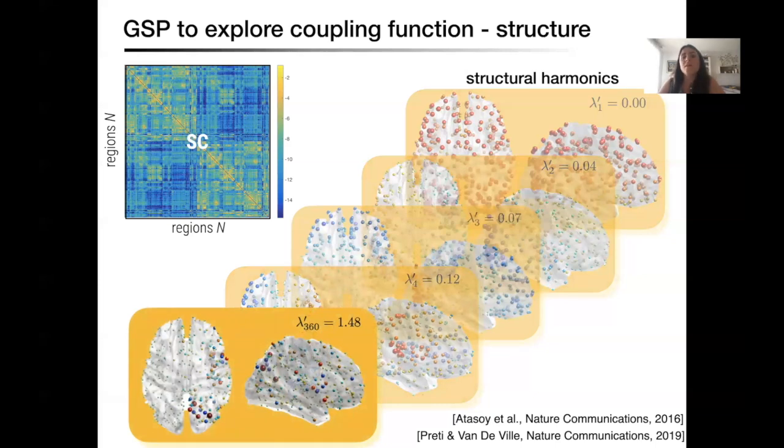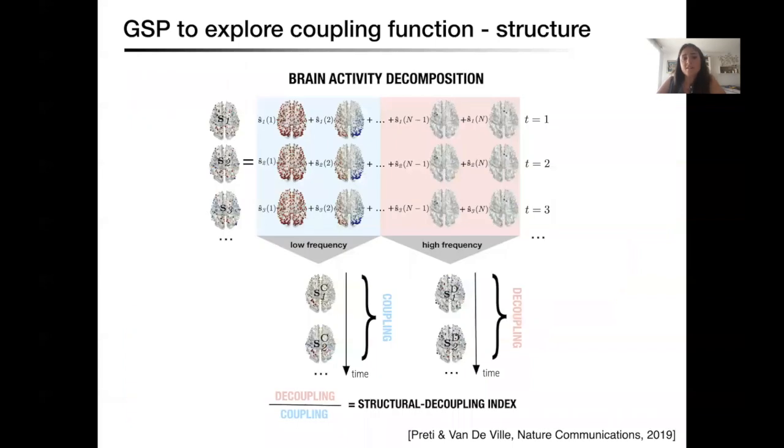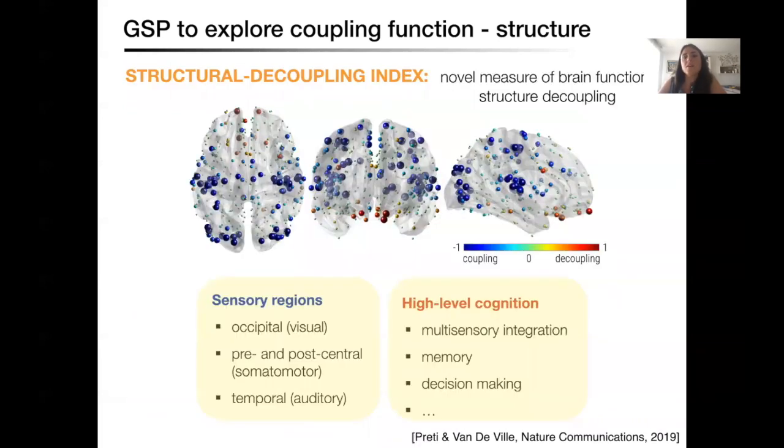So these are only based on structure. What we do next is decomposing the brain activity in terms of these structural harmonics, and doing that for each time point. And what we introduced is a measure of structural function coupling at the node level, which we call structural decoupling index.